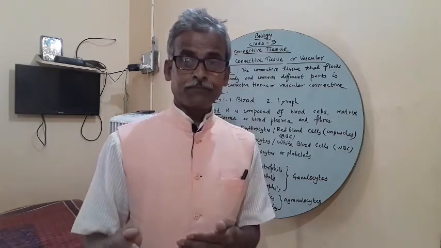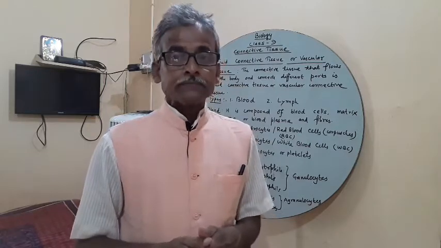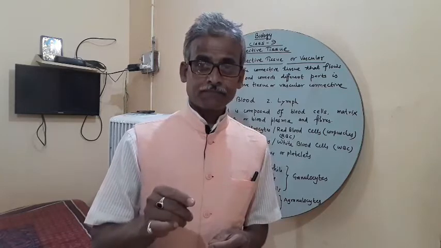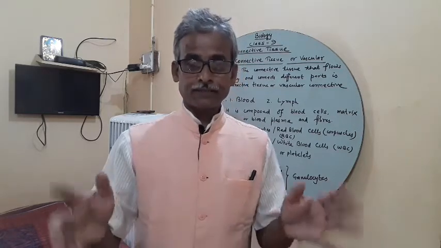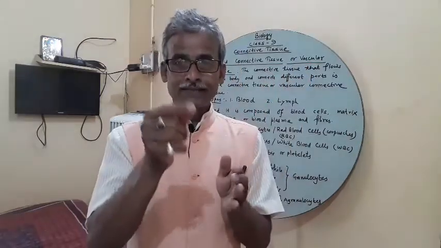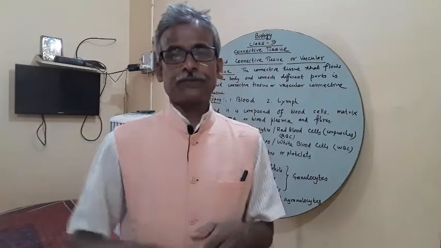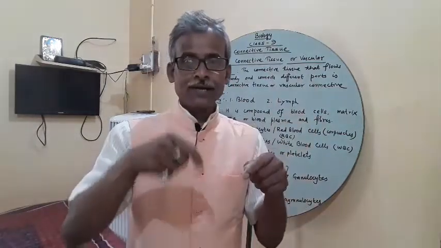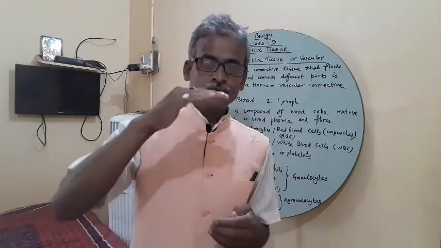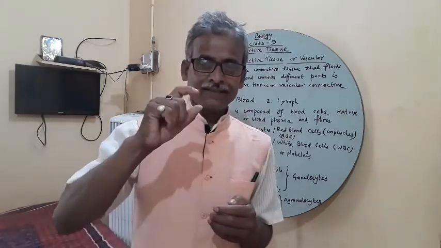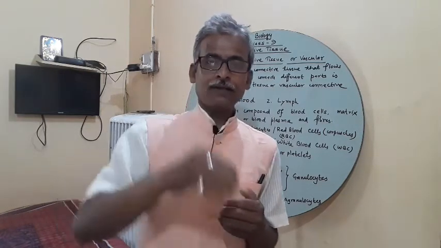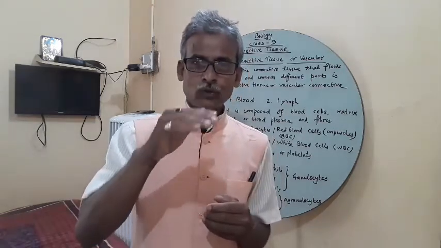You can differentiate plasma and blood cells very easily. If you have any opportunity to see a blood transfusion, where someone has donated blood in a packet and it is transferred to a person, that bag is hung for a few hours and you see there are two layers: a lighter yellowish upper layer and a dark lower layer.